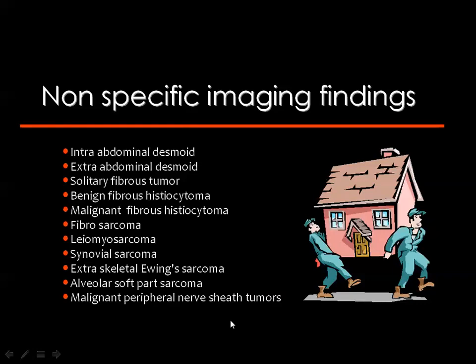Then lesions with non-specific imaging findings at all: intra-abdominal desmoid, extra-abdominal desmoid, solitary fibrous tumor, benign fibrous histiocytoma, malignant fibrous histiocytoma, fibrosarcoma, leiomyosarcoma, synovial sarcoma, extraskeletal Ewing sarcoma, alveolar soft part sarcoma, malignant peripheral nerve sheath tumor.